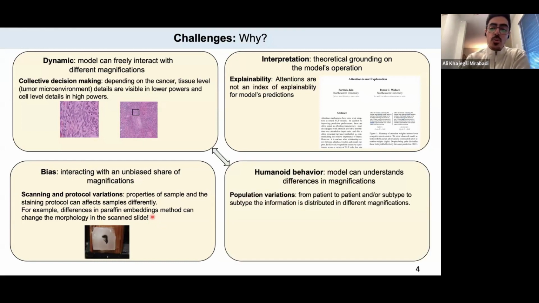And lastly, humanoid behavior, where what we want is basically that the model can understand the concept of magnification.